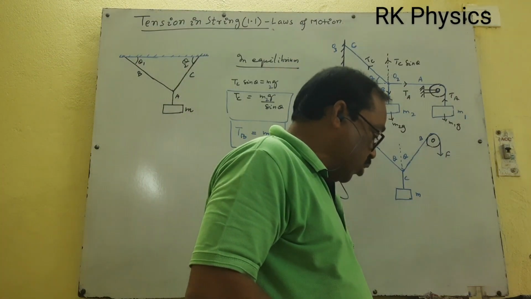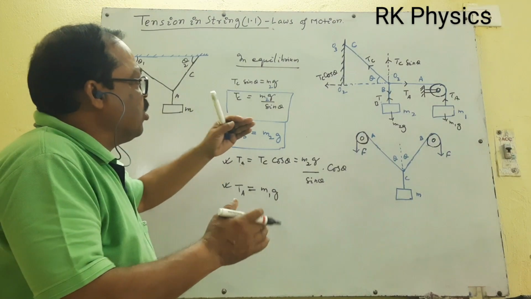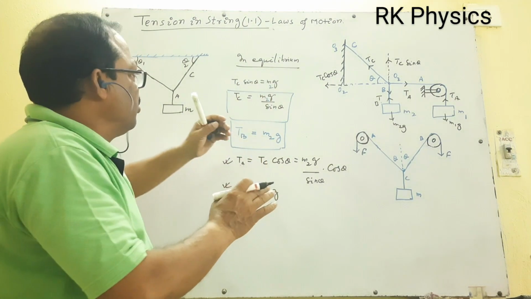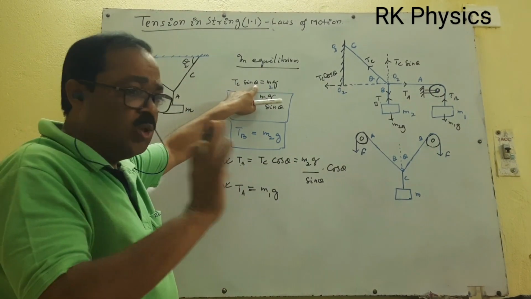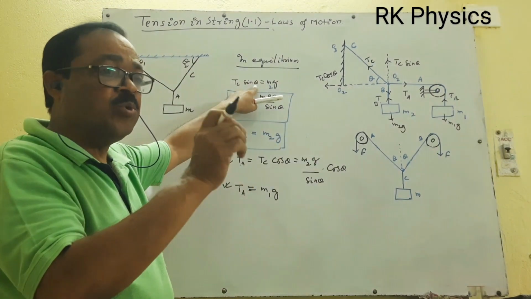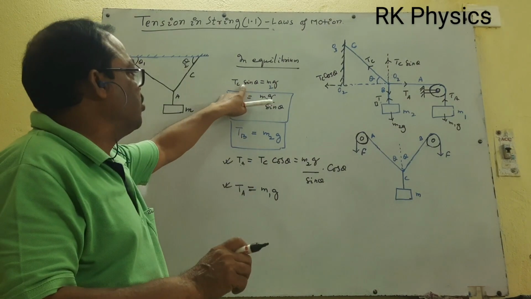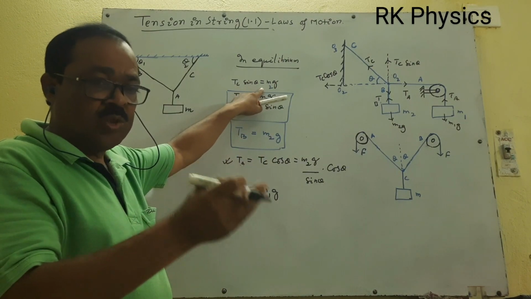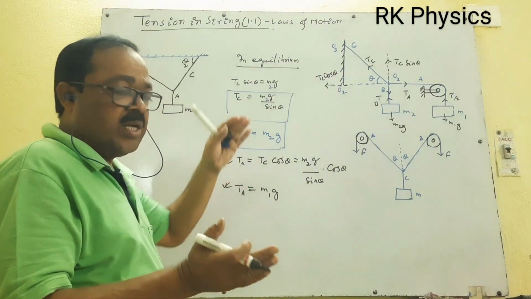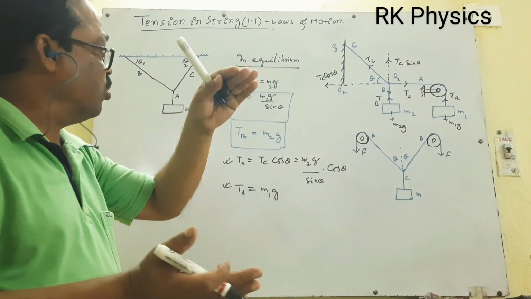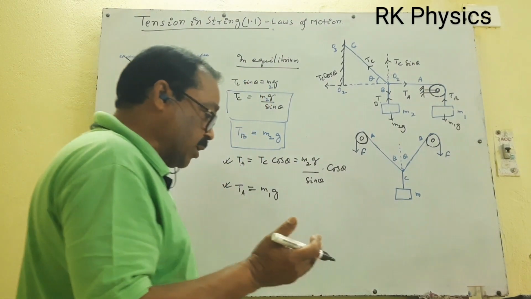But while solving these problems, it is easy to put the values directly if you know them. Suppose theta is 30, you put sin 30. M2 is 2 kg, you put 2g like that. So it will be easy and you will solve the problem in a short time.